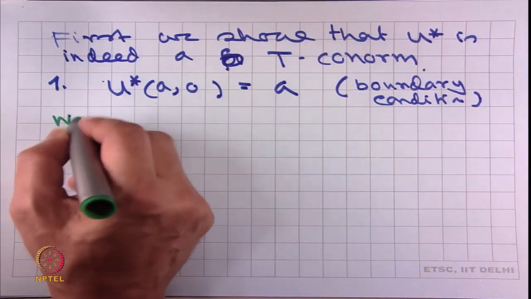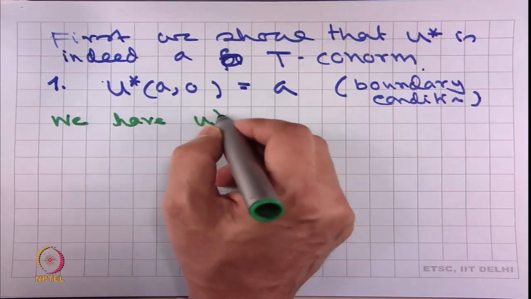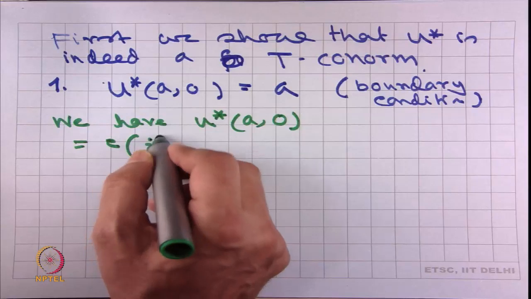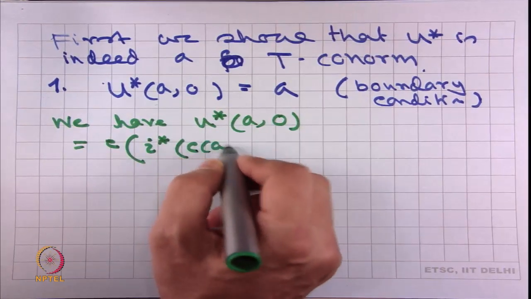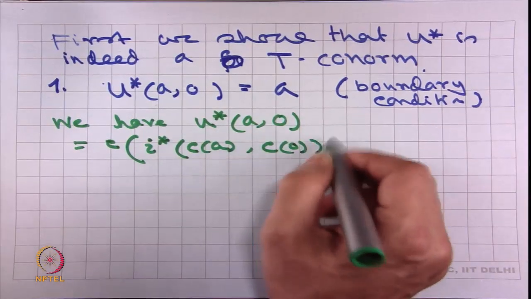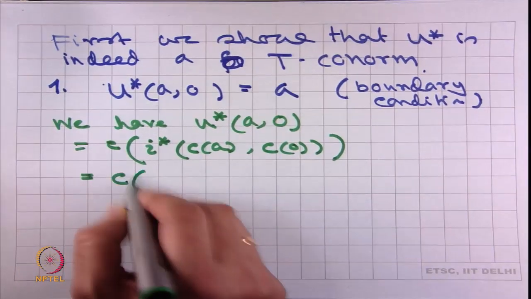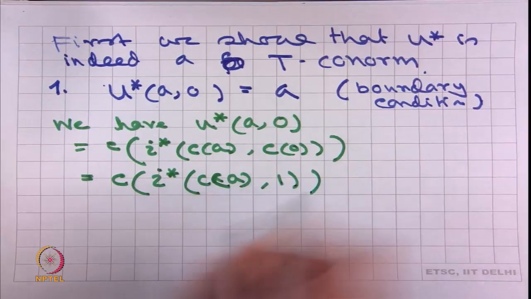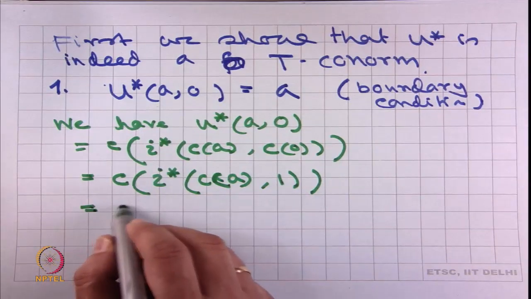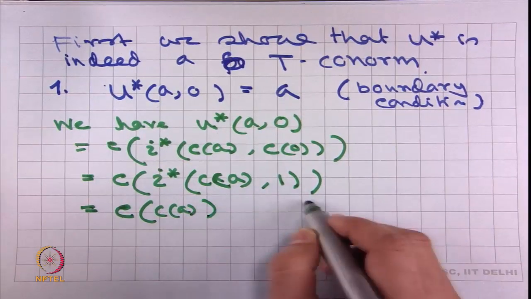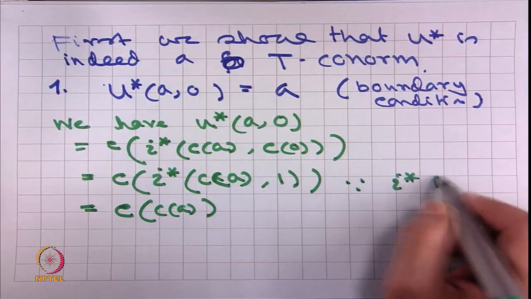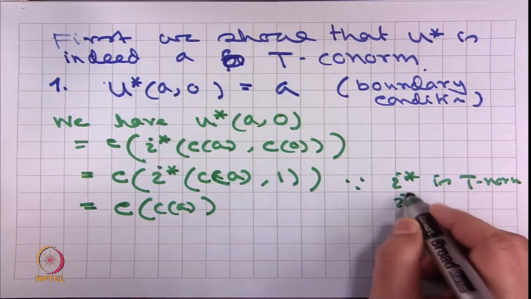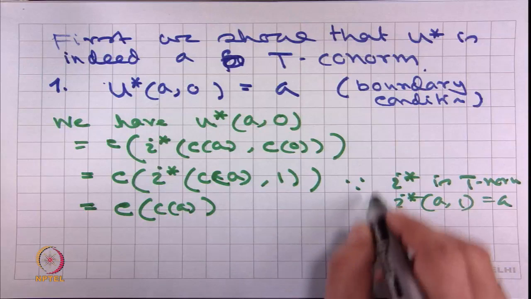We have U star of a 0 is equal to C of I star of C of a comma C of 0, which is equal to C of I star of C of a comma 1, which is equal to C of C of a, since I star is a T-norm, and therefore, by its axioms, I star of a comma 1 is equal to a, that is the boundary condition.